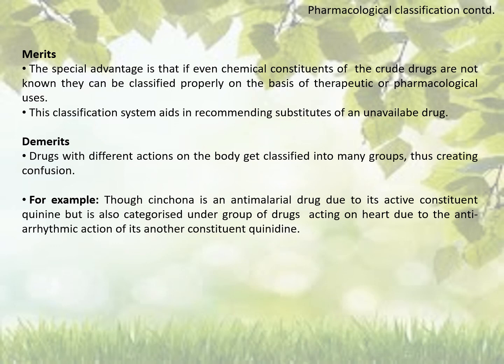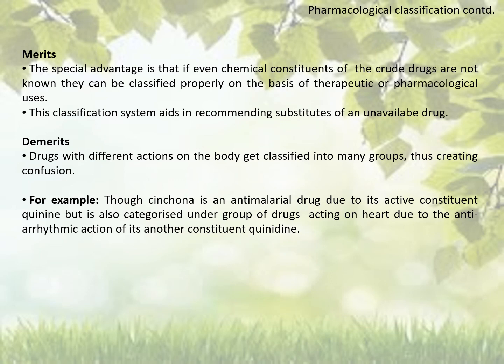Demerits: drugs with different actions on the body get classified into many groups, thus creating confusion. Many crude drugs show more than one pharmacological action, so we put that crude drug in more than one category. We will take the example of cinchona here.